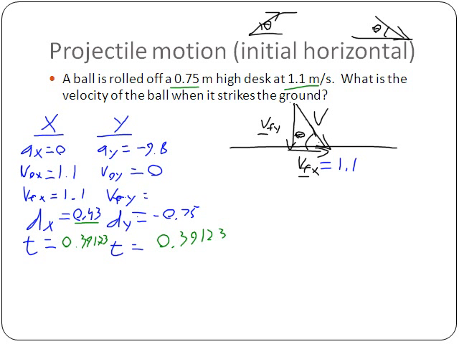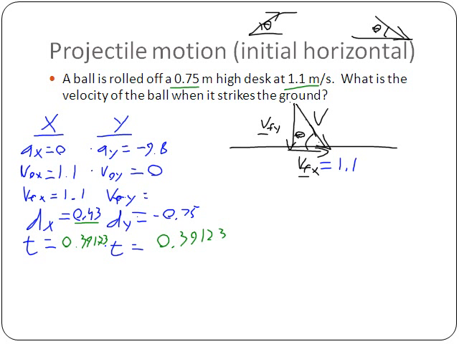For Vfy, we know the acceleration, we know the original velocity, and we know the time. We're looking for Vfy, so those values will all be used in our acceleration equation. Acceleration is Vf minus Vo over t.